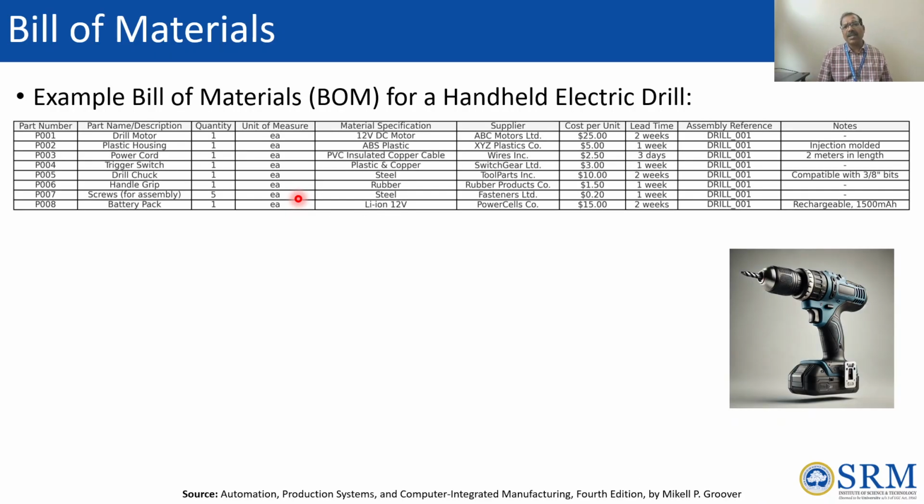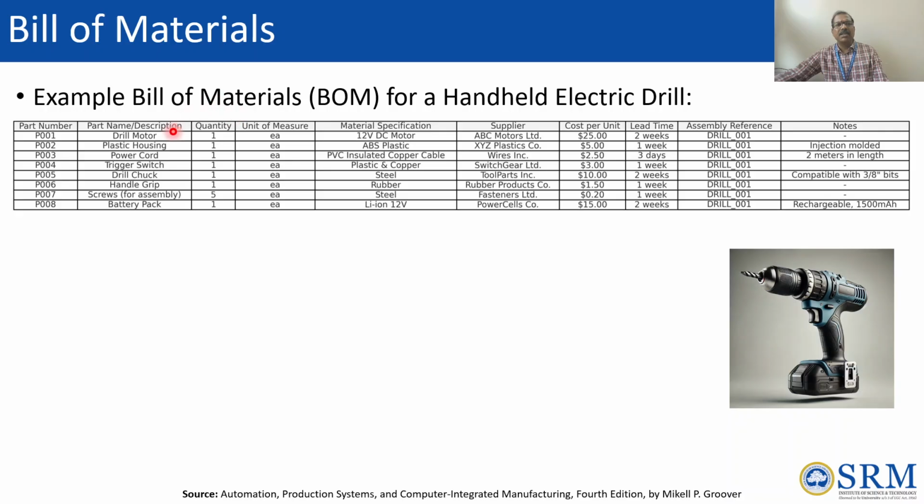Here is another version of the bill of material for the same handheld electrical drilling machine. Here the part numbers are given differently, P001 to P008, with part names: drill motor, plastic housing, power cord, trigger switch, drill chuck, handle grip, screws, battery pack.